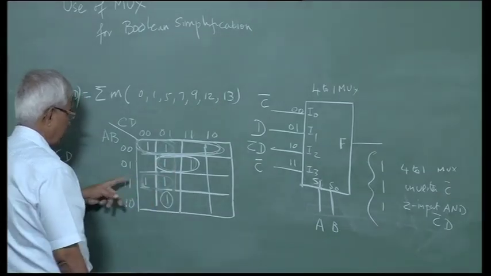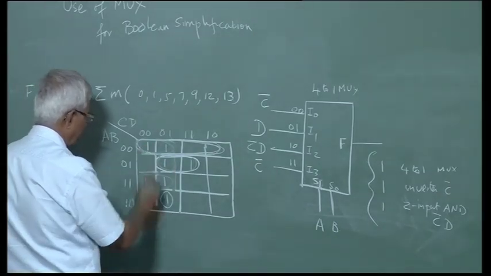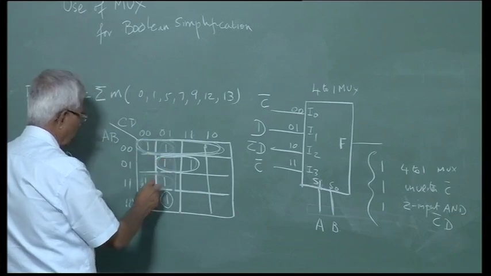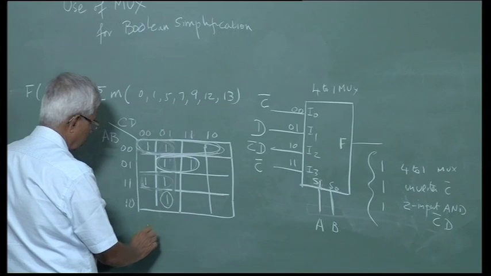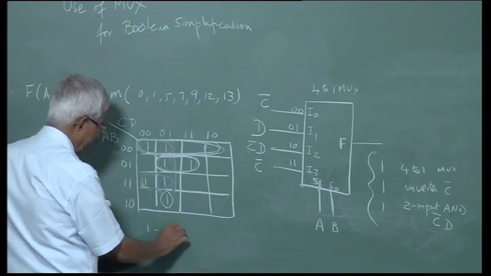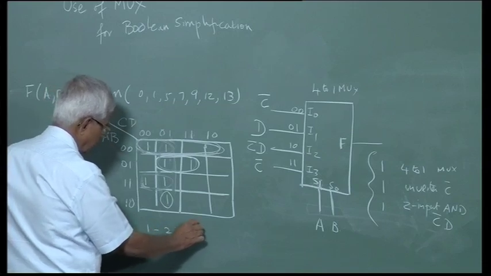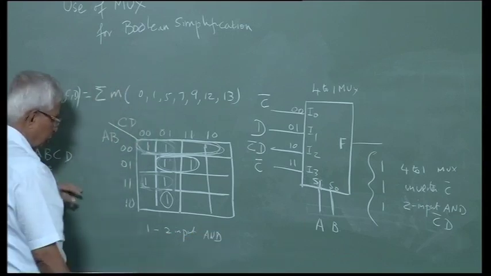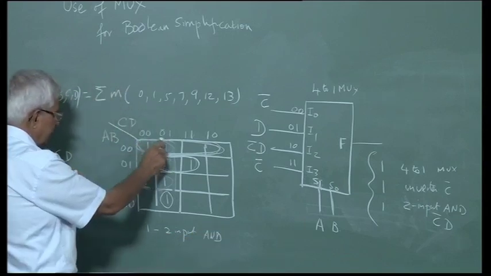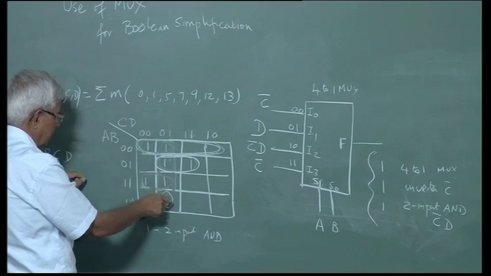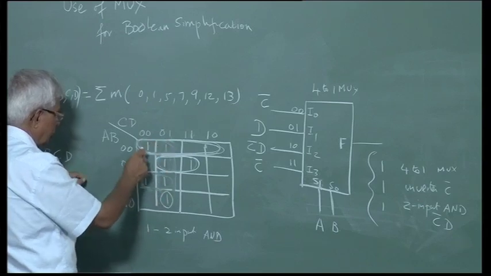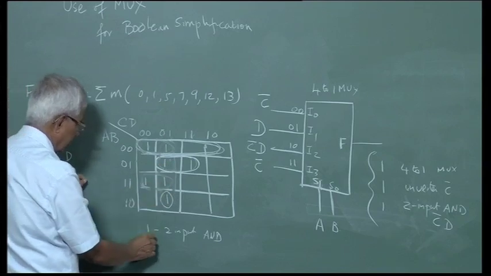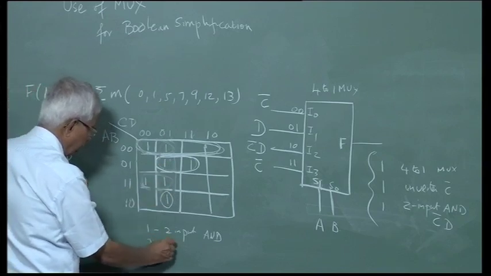So I would have used, without a multiplexer, one 2 input AND gate and 3 input AND gates.